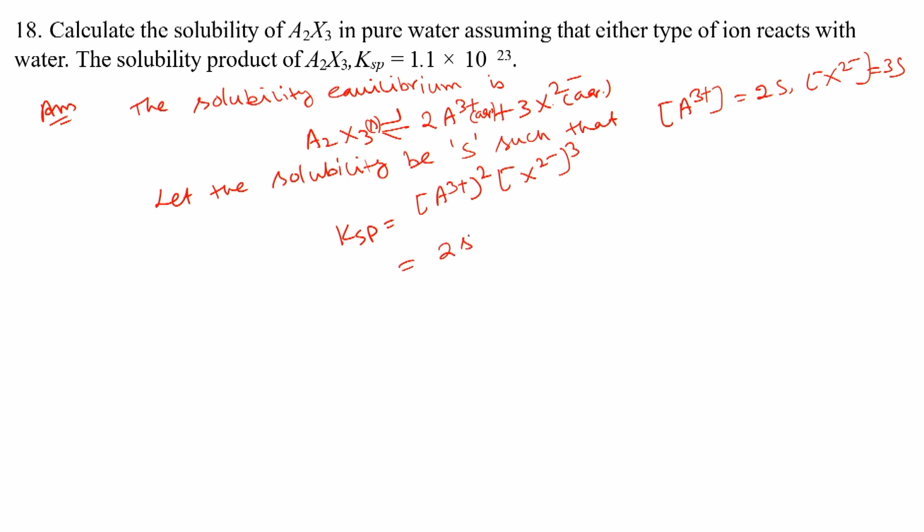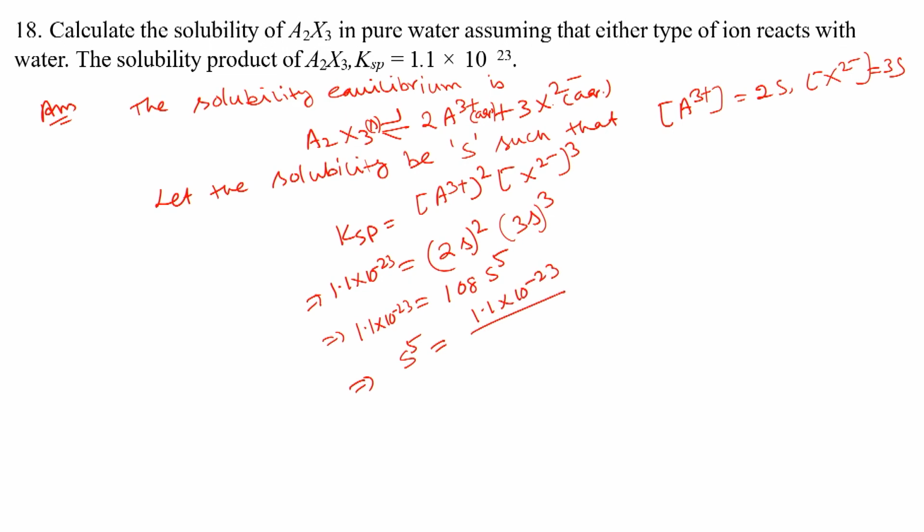So 2S squared times 3S cubed. So we get 108 S to the 5. And given Ksp is 1.1 times 10 to the minus 23. So S to the 5 is 1.1 times 10 to the minus 23 by 108, and from there we calculate S. S is 1 times 10 to the minus 5 moles per liter.